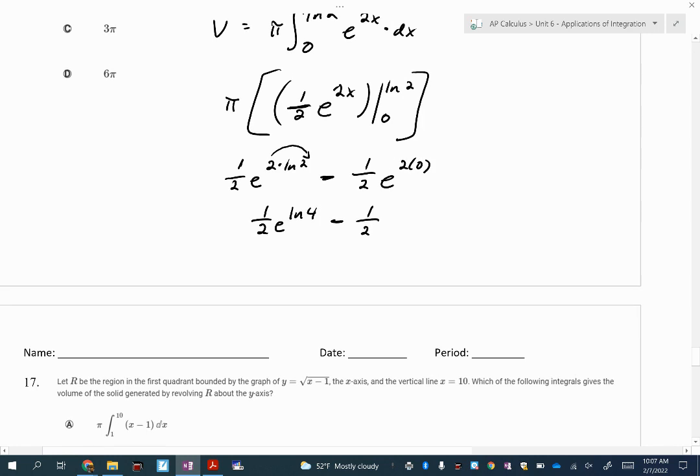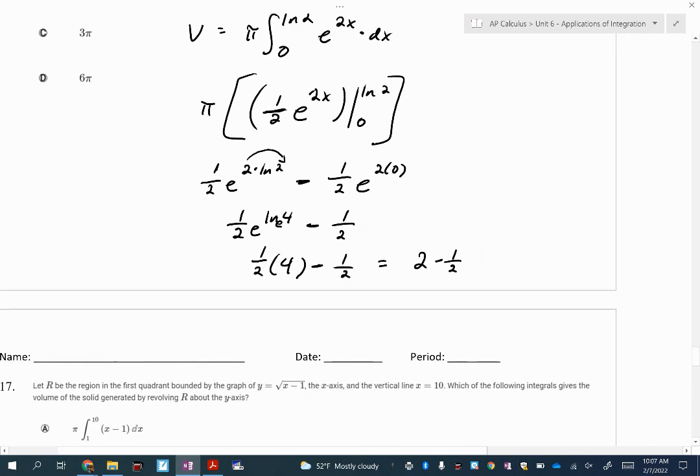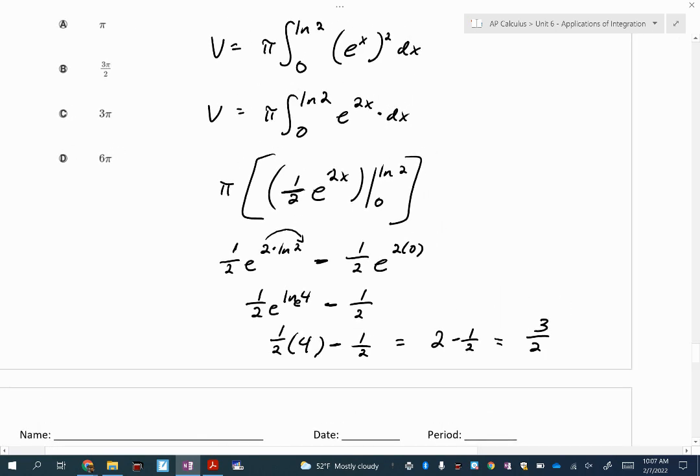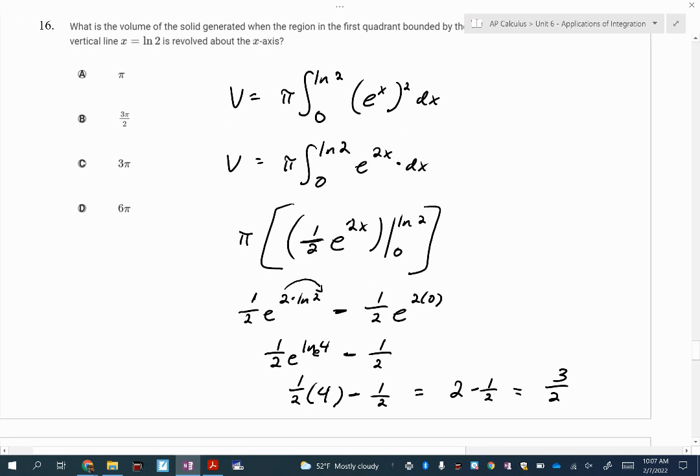All right, now just like I did earlier, there's a base e there, so that's going to be 1/2 times just a big 4 minus 1/2, which is equal to 2 minus 1/2, which is going to be 3/2. All right, remember, don't forget, at the end of the day, you have to multiply that by pi. So when you multiply it by pi, you get 3 pi over 2. So 16 is B.